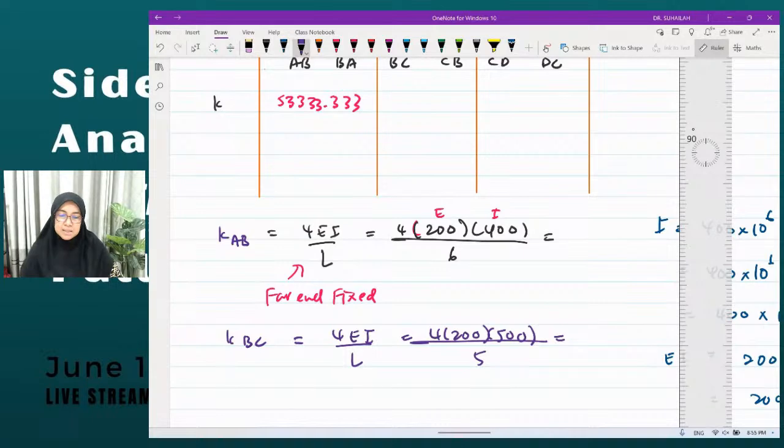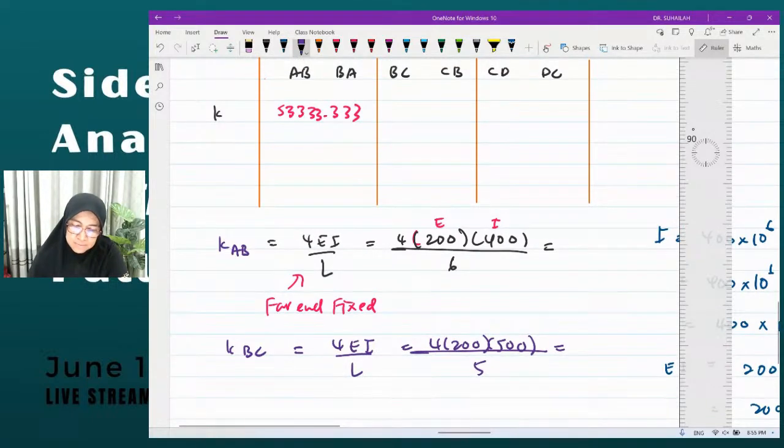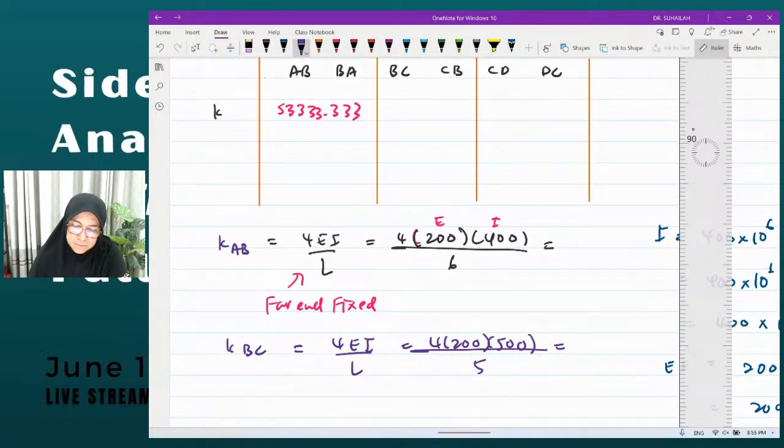What is the answer? 4 times 200 is 800 times 500 divided by 5, so this is 80,000.